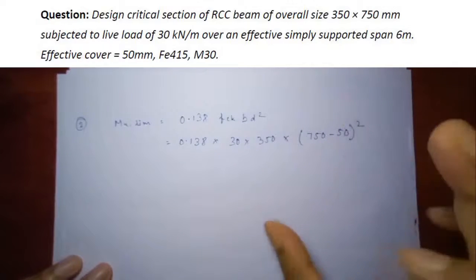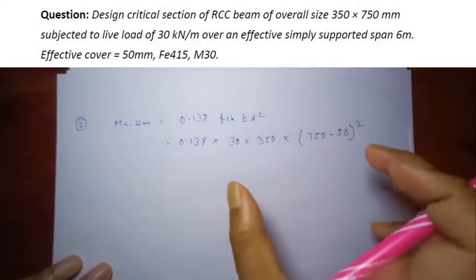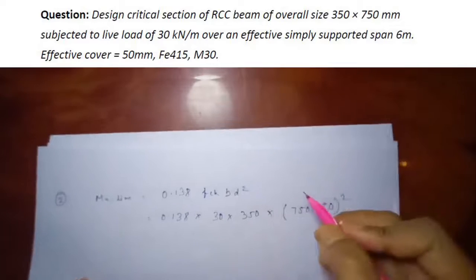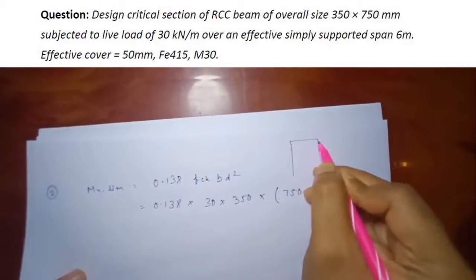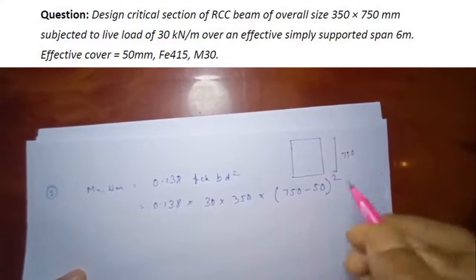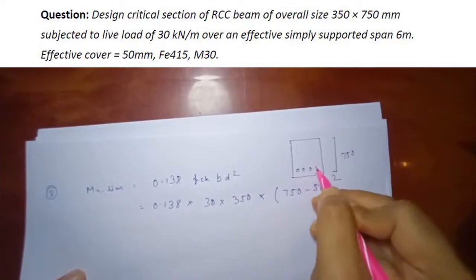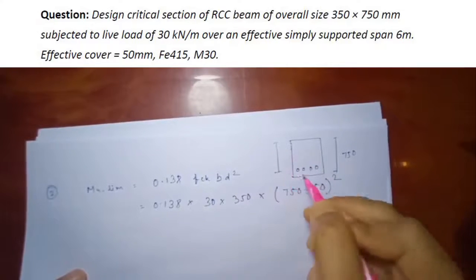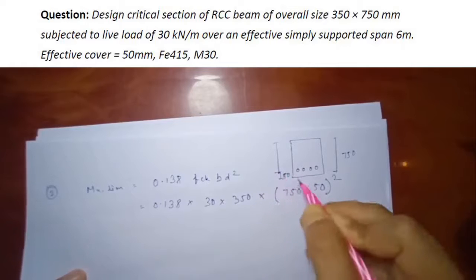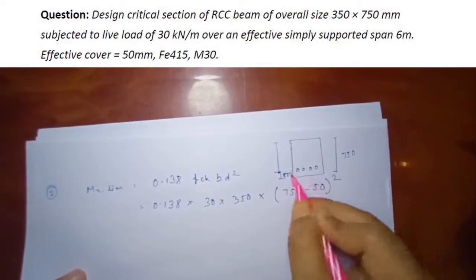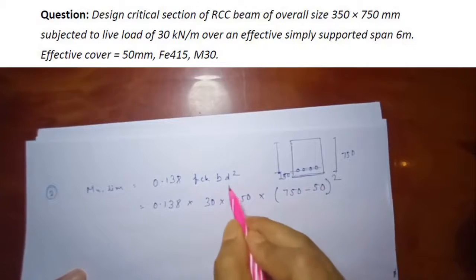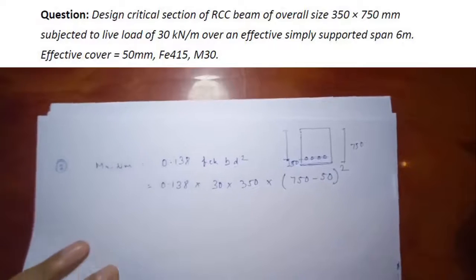So 750 is the total depth, but our actual effective depth is 750 minus 50, because if I draw the diagram somewhat like this, our total depth is 750, but our required depth is this much. This 50 is taken up by this nominal cover, so I'll be ignoring this amount, so I have to subtract this so as to get the D that I'll be using for getting this MU limiting.